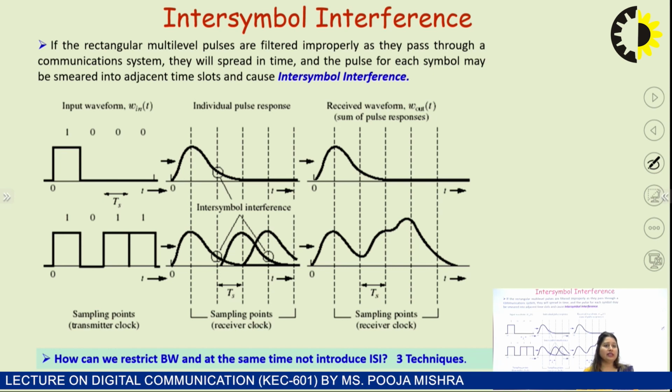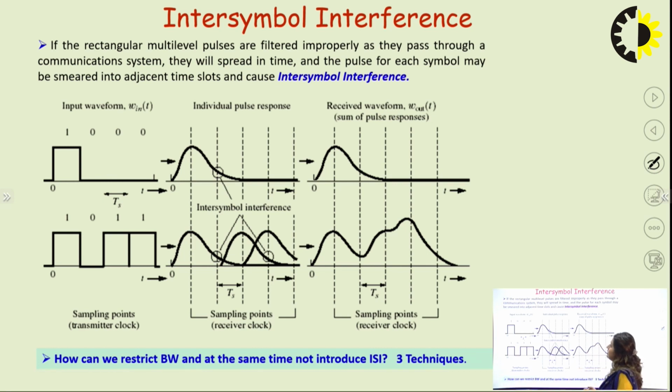If the waveform is not properly filtered at the channel, obviously it will give you inter-symbol interference. The input waveform here is 1000 and the individual pulse response is shown in this figure. In the received waveform, the sum of pulse responses, obviously there is some spread, and that's why the first pulse is getting overlapped with the next pulse, which has data 0.